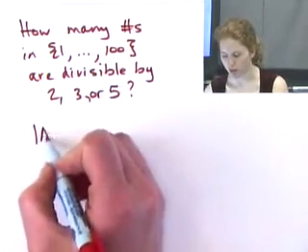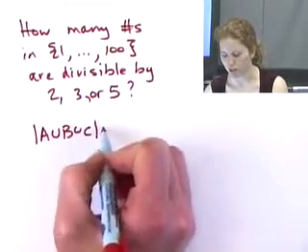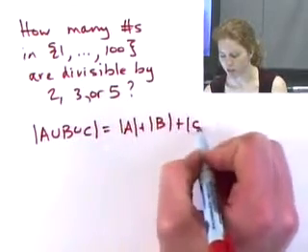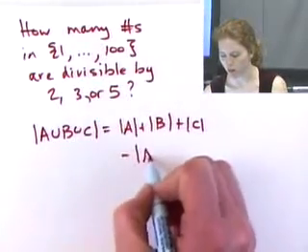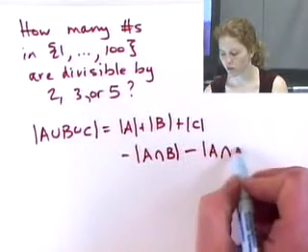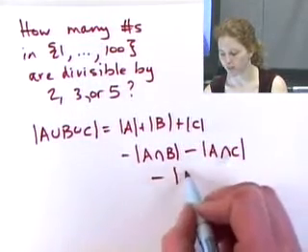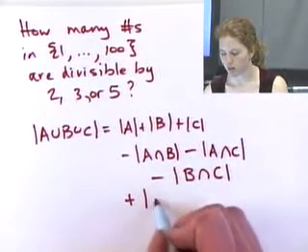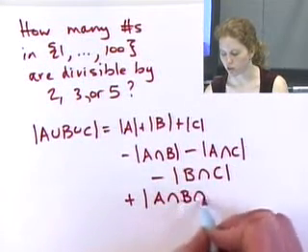So that was A union B union C is the sum of all the individual sets, subtract all of the intersections, and then do what? Then we have to add the triple intersection.